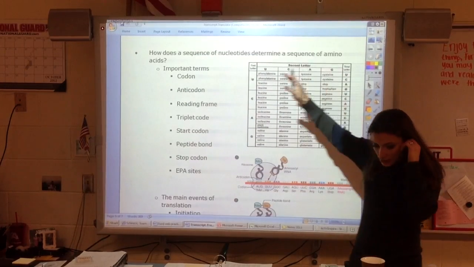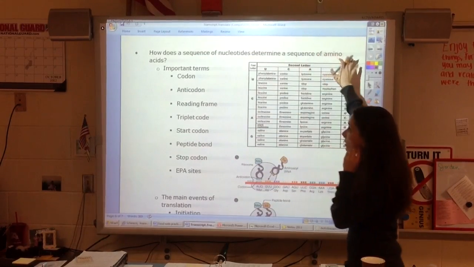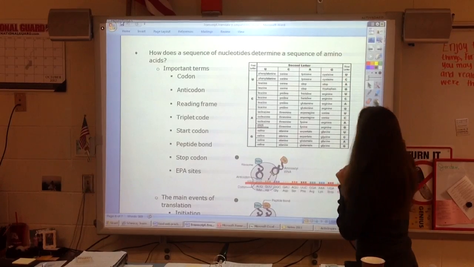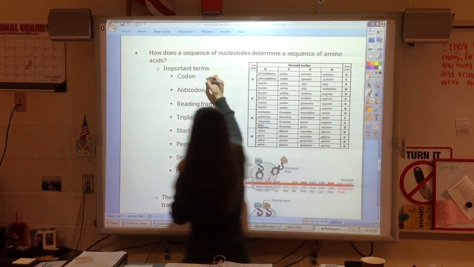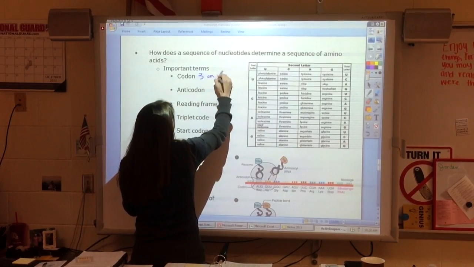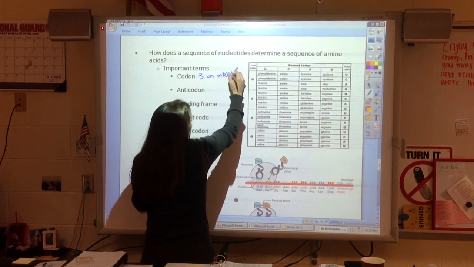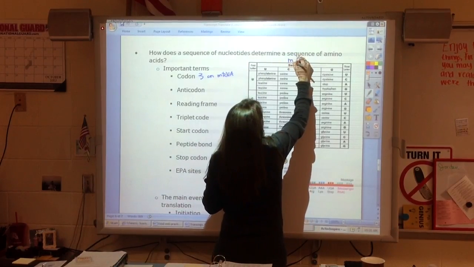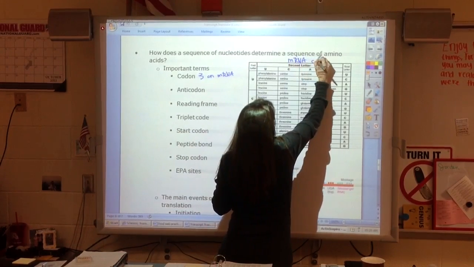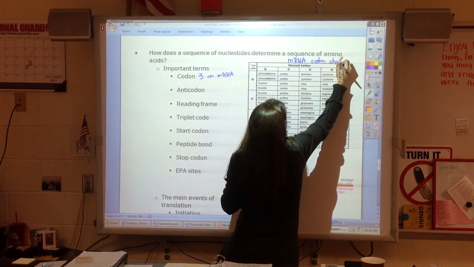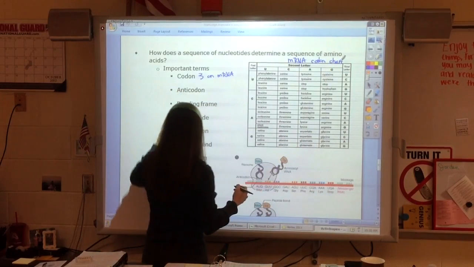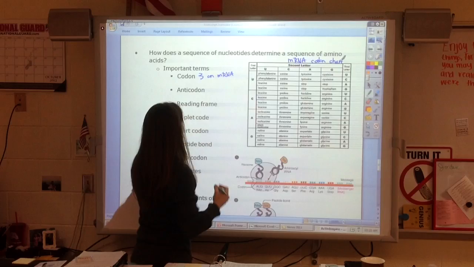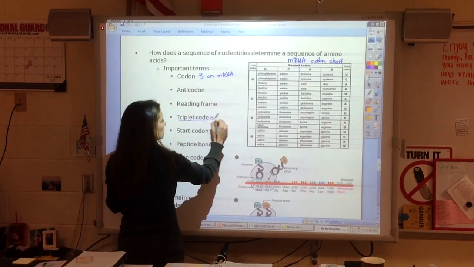So how does a sequence of nucleotides determine a sequence of amino acids? So a codon is 3 letters on mRNA, and you're usually going to be given an mRNA codon chart, and that will give you the amino acid. And so triplet is 3 letters.